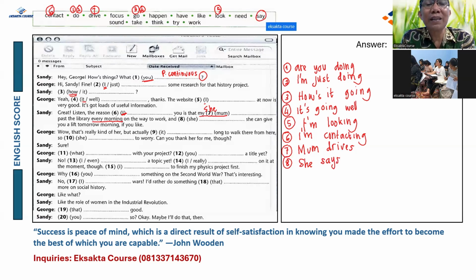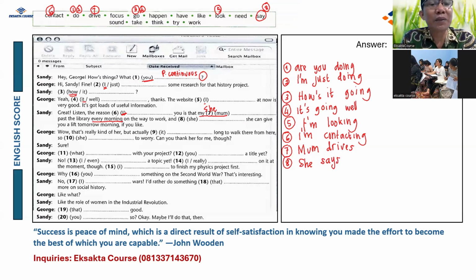So say, she says. Okay, says S-A-Y, use S. She says because the subject is she, he, it, by adding S or es to the verb. She says she can give you a lead tomorrow morning if you like.